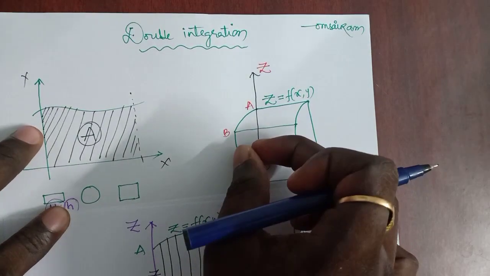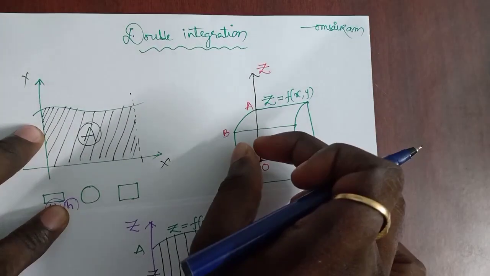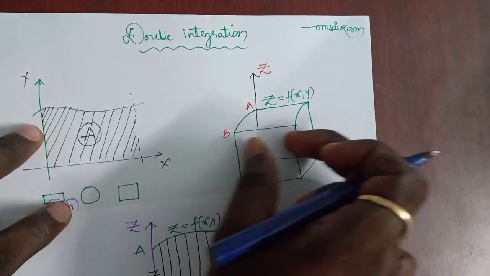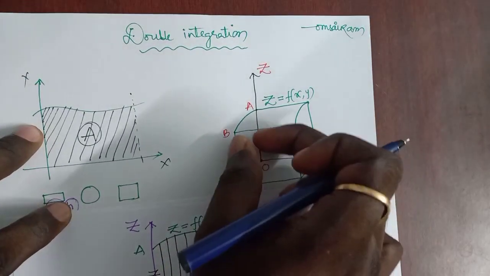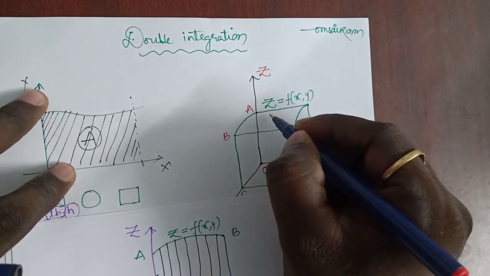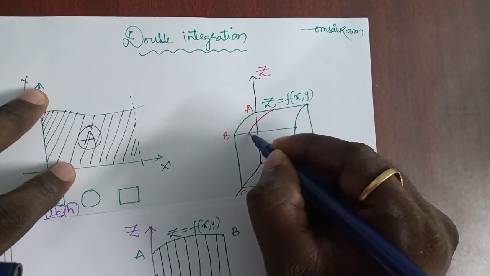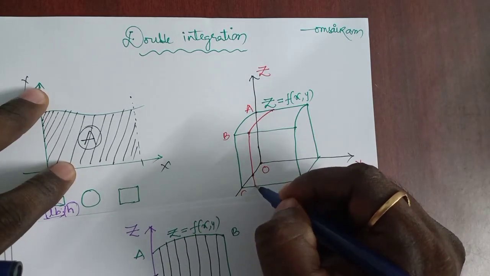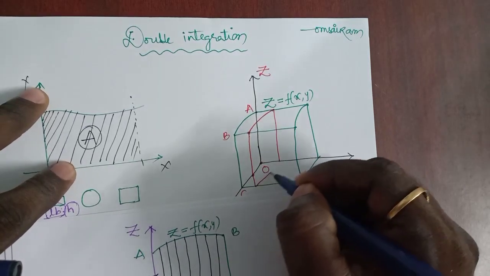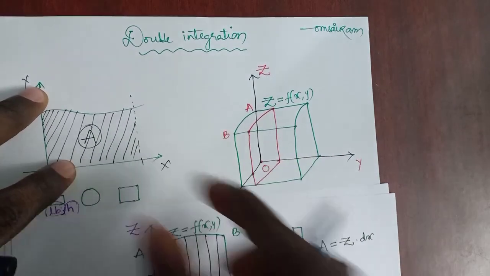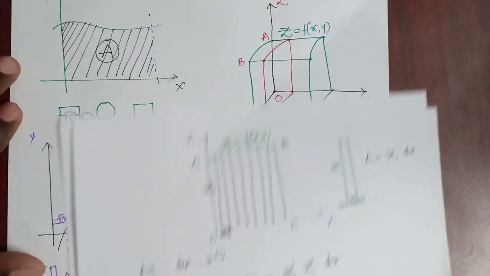How to find the volume under this surface? Finding the total volume directly is not possible, that's why I make this into small pieces. This is the part I need to take.